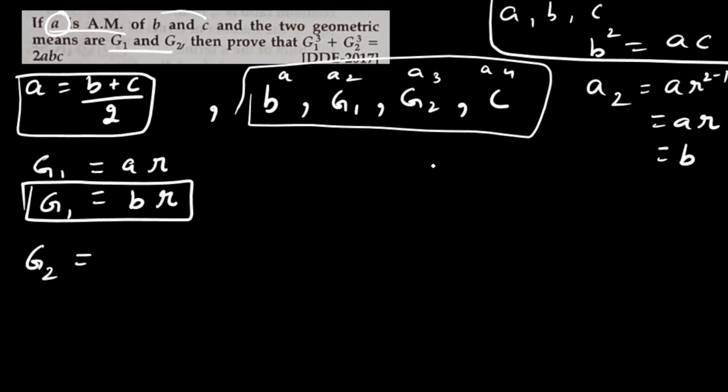Now let's write G2. G2 is equal to the third term. So what is the formula of A3? The formula of A3 is AR square. Here what is A? A is B. So BR square.